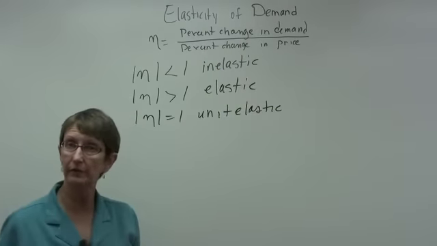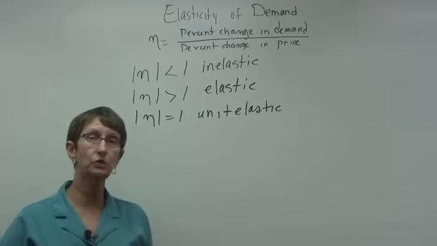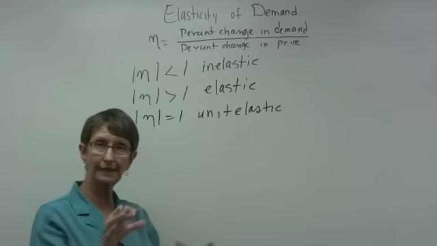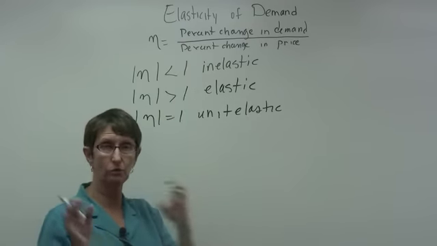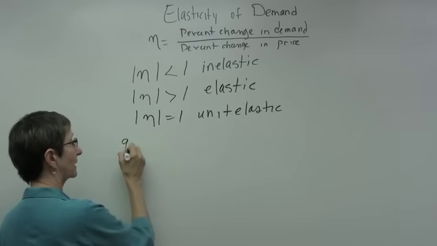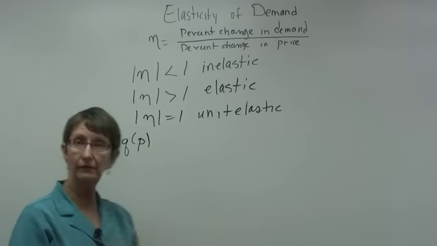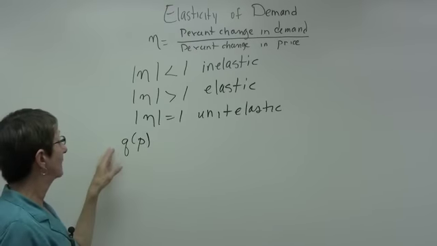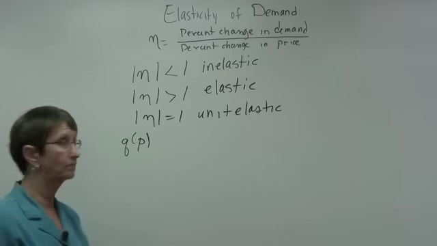Well, now that we've had derivatives, what we can do is take that percent change and turn it into rate of change. And all that's gone through in the lesson and shows you how you get from a percent change to a rate of change with some little algebra tricks. So that we end up with saying, okay, suppose the demand function is Q as a function of P. A demand function, remember, just relates Q and P in an equation.